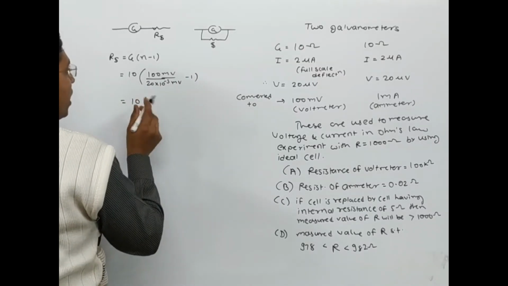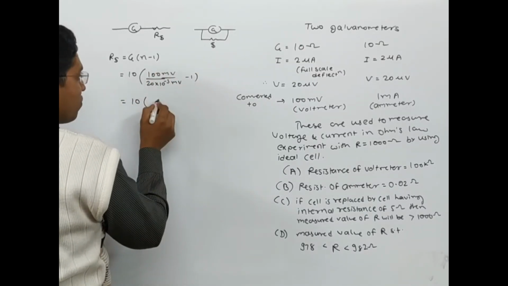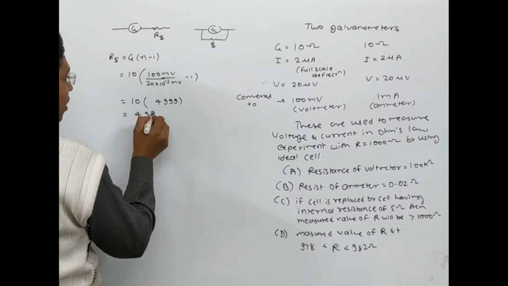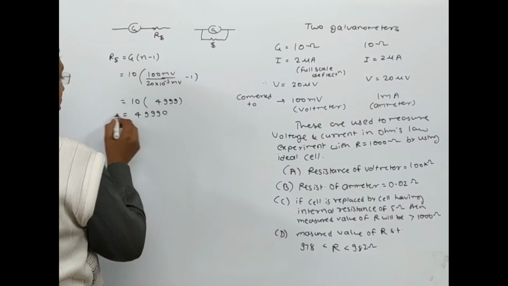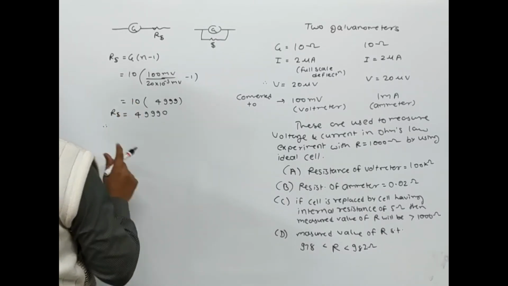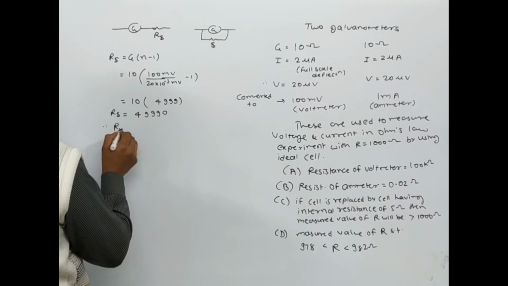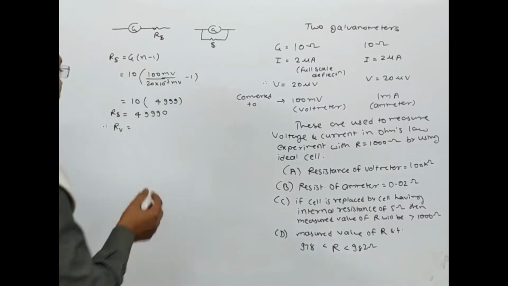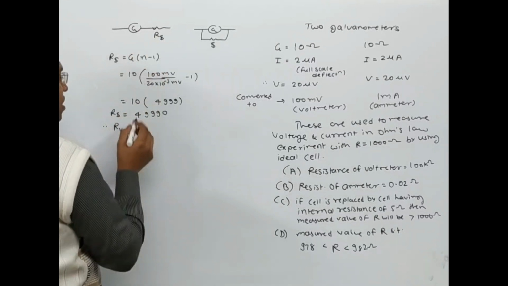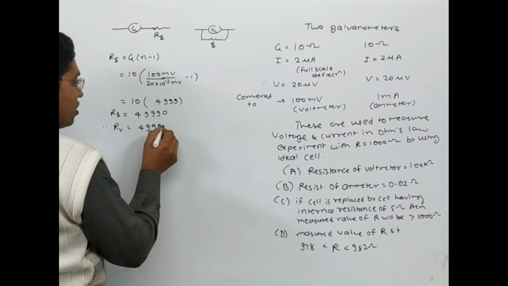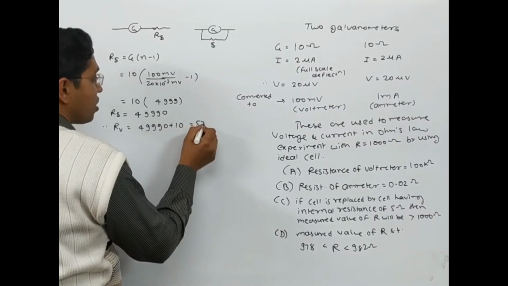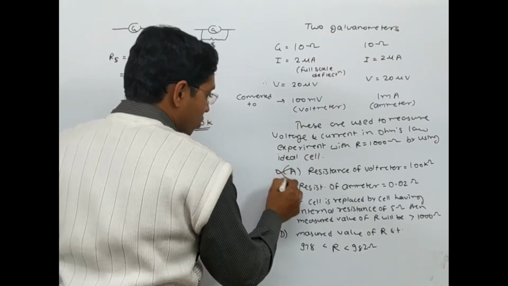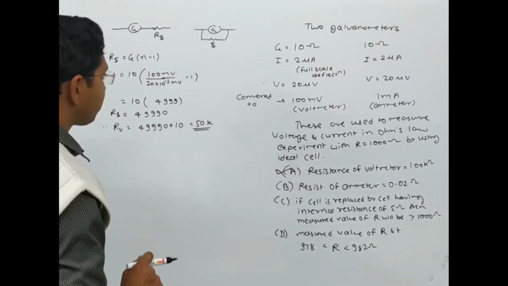If you solve this, it becomes 5000 minus 1, so 4999, which means RS turns out to be 49990 ohm. Therefore the resistance of the complete voltmeter, RV, will be G plus RS, 49990 plus 10, which turns out to be 50k. But what is given here is 100k, so this is not the correct option.